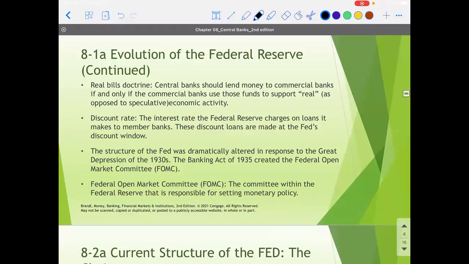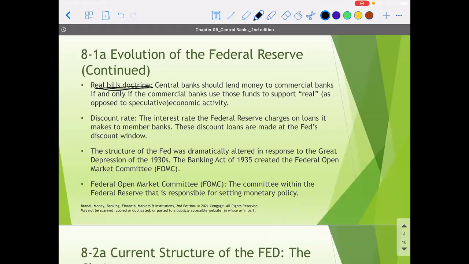Now, what this Federal Reserve System has to do is it's subject to what's called a real bills doctrine, and that is that a bank that's part of the central bank is only going to get a loan if it has funds to support that loan.